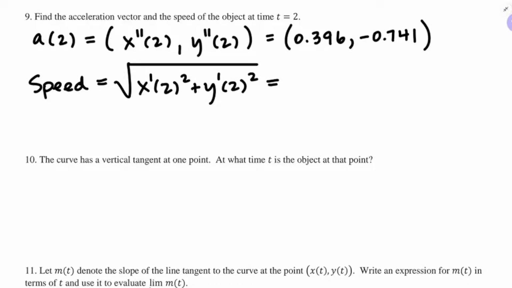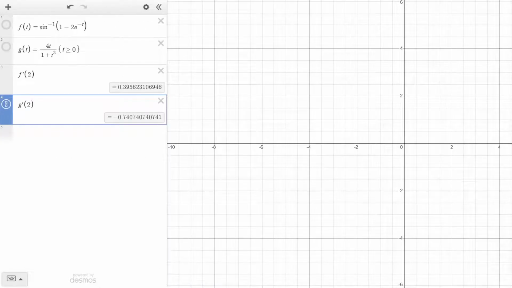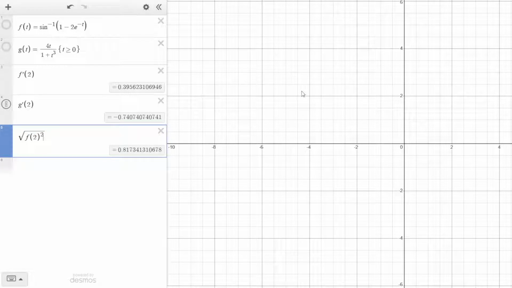I'm glad I checked. So x prime of 2 squared plus y prime of 2 squared. The square root of f of 2 squared plus g of 2 squared. 1.208.